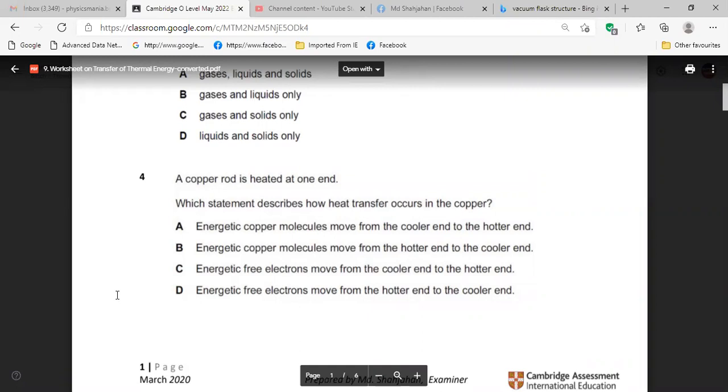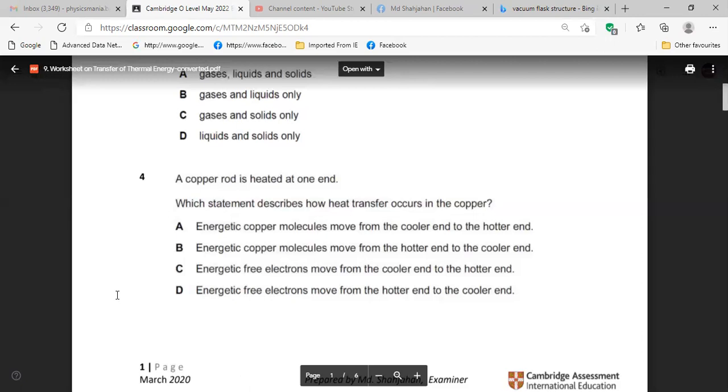Which statement describes how heat transfer occurs in the copper? A. Energetic copper molecules move from the cooler end to the hotter end. B. Energetic copper molecules move from the hotter end to the cooler end. C. Energetic free electrons move from the cooler end to the hotter end. D. Energetic free electrons move from the hotter end to the cooler end.